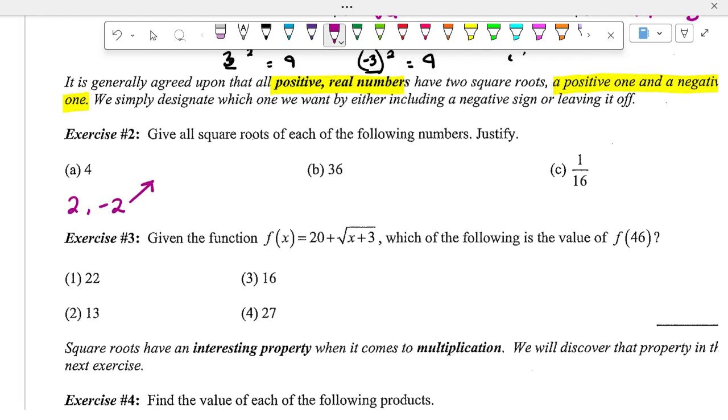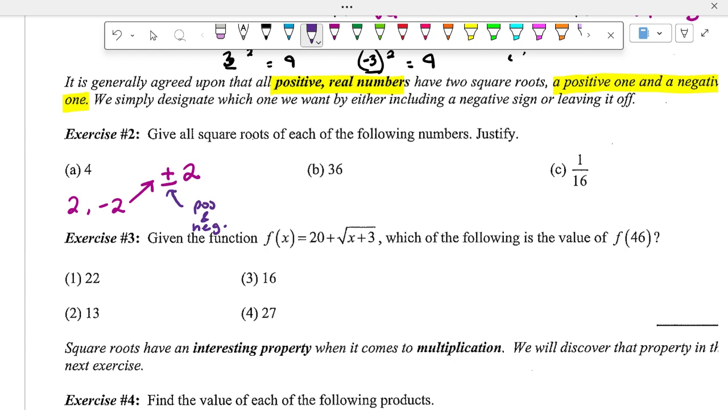Now, a way we can shorthand this is with this sign, plus minus 2. So all this means is that it's both the positive and negative version. So the positive and negative of 2, that's what we can say. We call that sign plus minus.